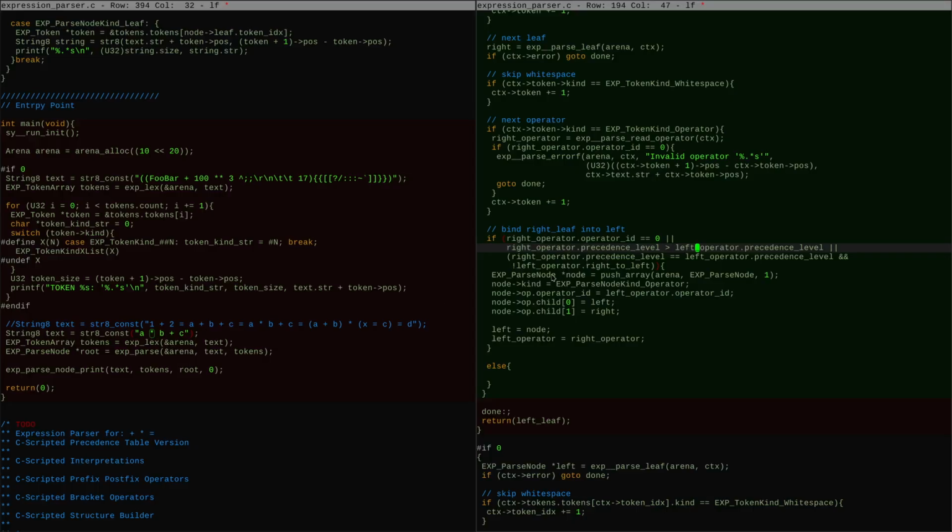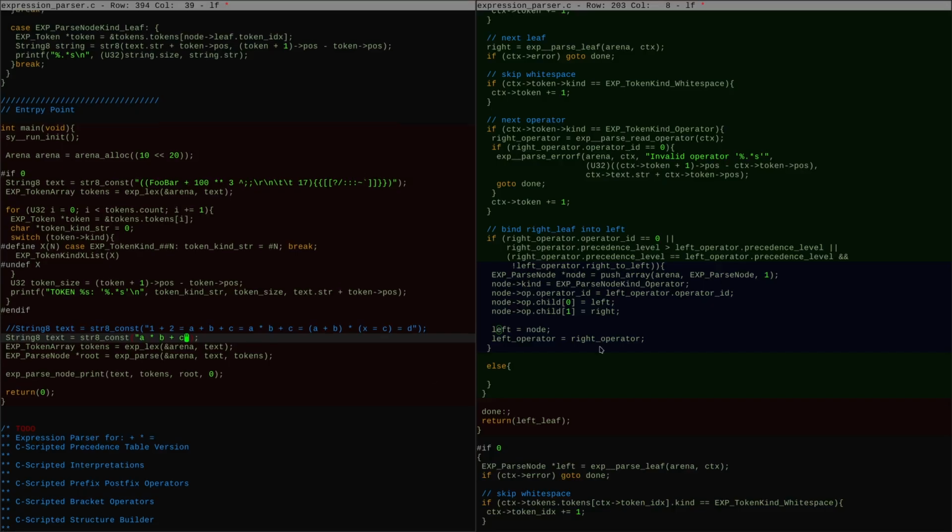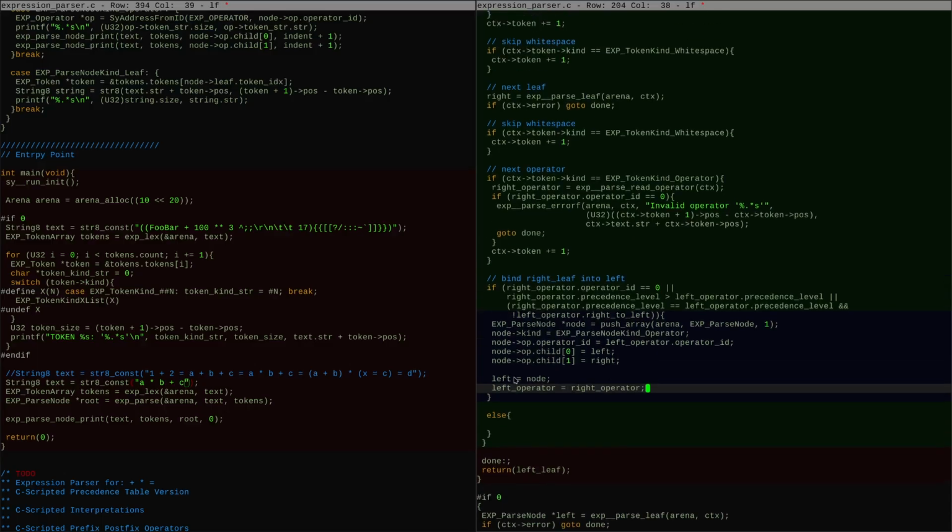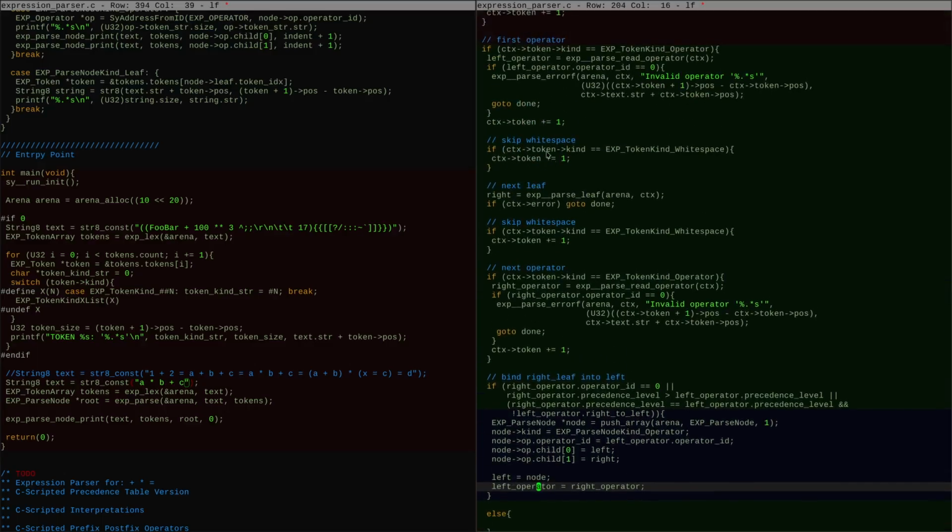So we then say, okay, we'll build you a new node that'll represent A times B. That becomes the new left. The right operator that you're currently holding, plus, becomes the new left operator. And now you can continue. When you continue, where exactly will you continue? Left has been set, left operator has been set.